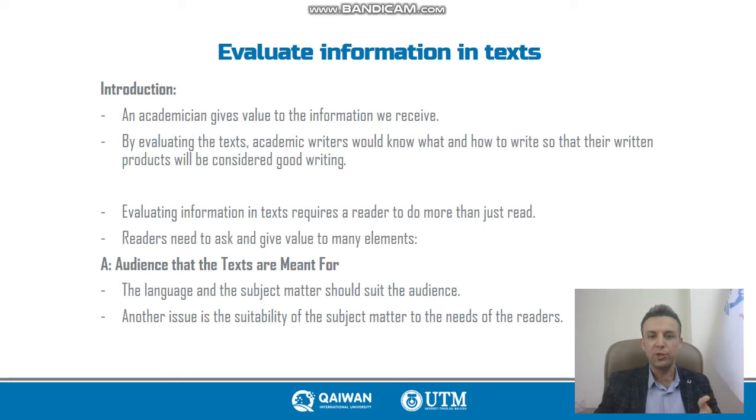And we say another issue is the suitability of the subject matter to the needs of the reader. Now, we sometimes realize that, of course, the subject itself generally out of the context is suitable for this audience. But probably at that time, it's not suitable.